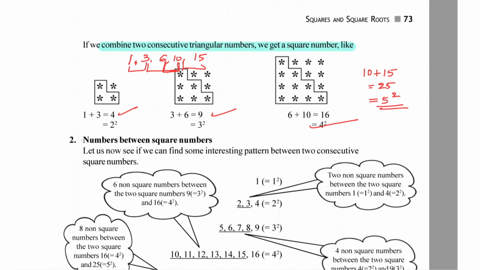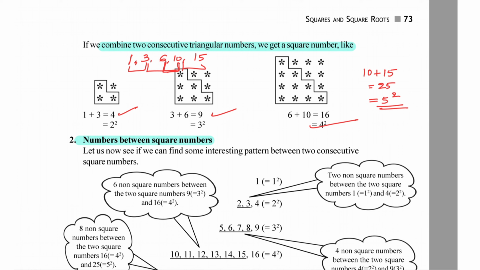The next pattern, interestingly, we observe is the numbers between the square numbers. Suppose you are asked to find how many numbers are there between two given square numbers.